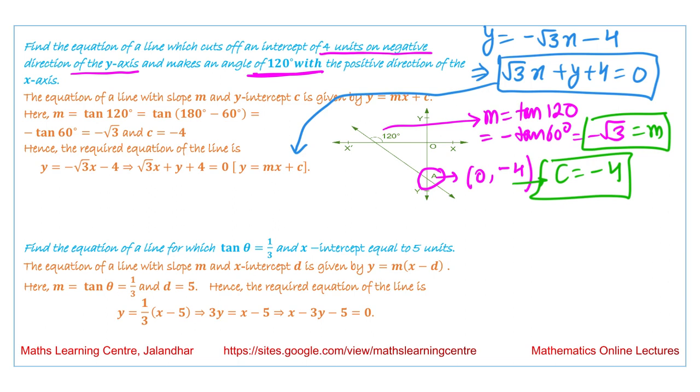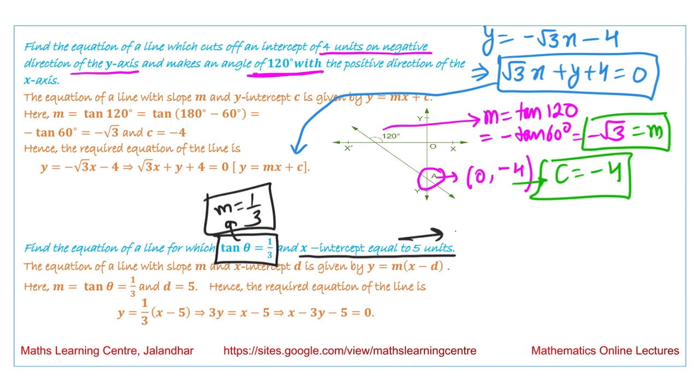Next is find the equation of a line for which tan theta is equal to 1 by 3 and x-intercept equal to 5 units. So tan theta is 1 by 3 means this is the value of m, that is, slope is given to be 1 by 3. X-intercept means the value of d is given to be 5.